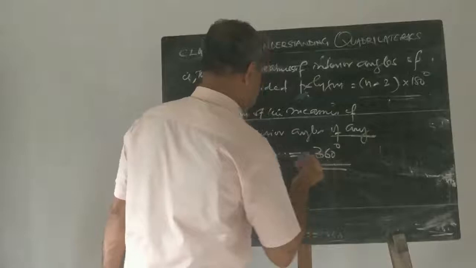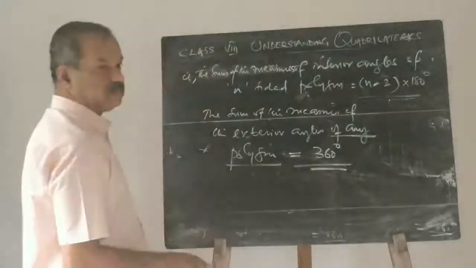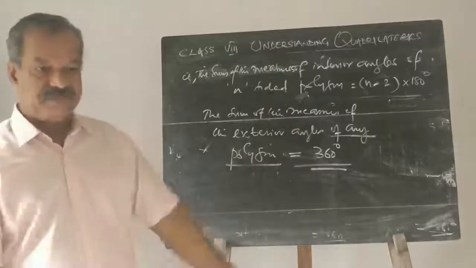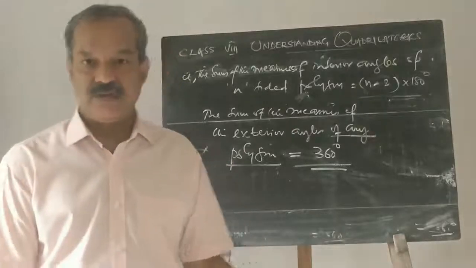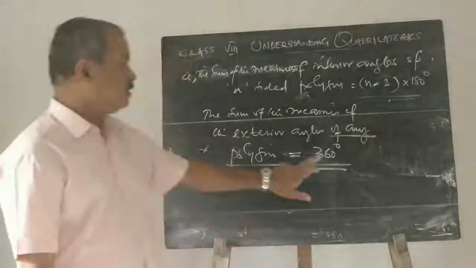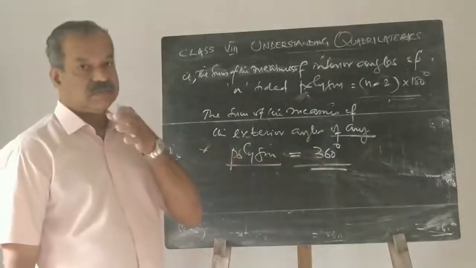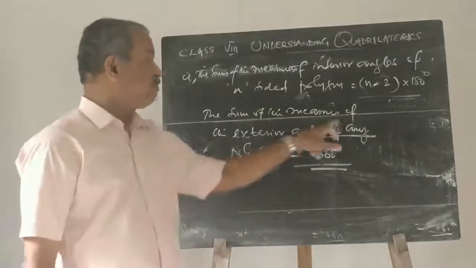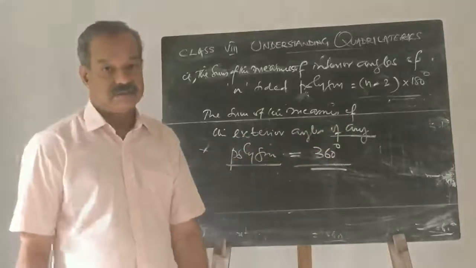Any polygon, whatever the number of sides, it can be 50, 36, 112, 300, 1000, this remains unchanged: 360 degrees, the sum of the measures of all the exterior angles.